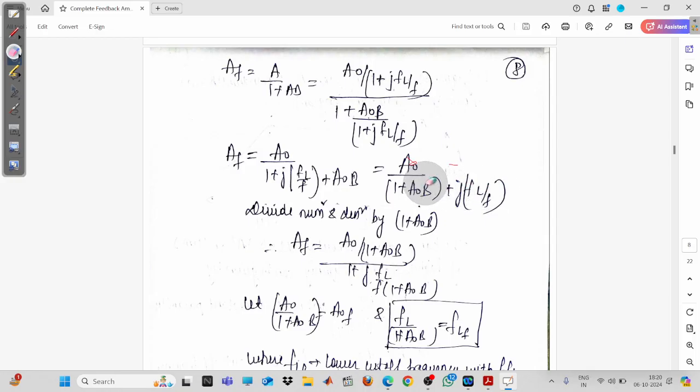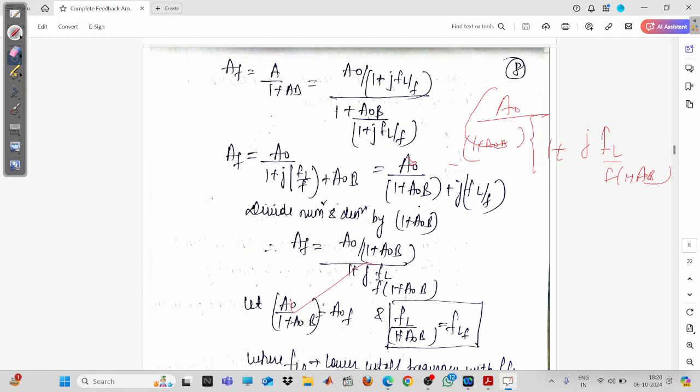So what you will do now? This will be A0 upon, you just take this one as common, then you will have 1 plus j FL F upon A, 1 plus A0 beta. So okay, this one means what? This is the with feedback value, right?